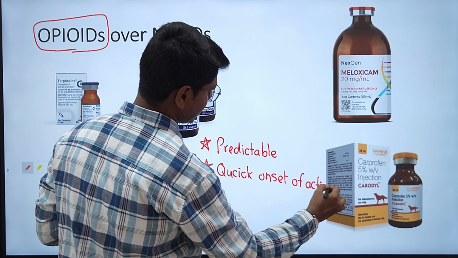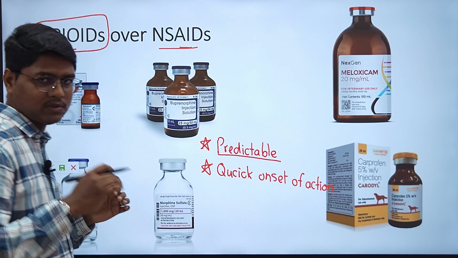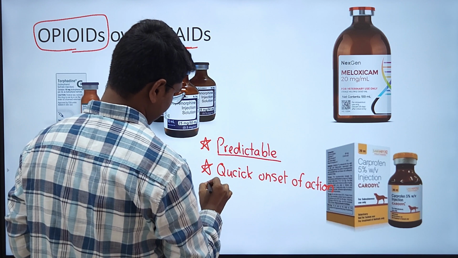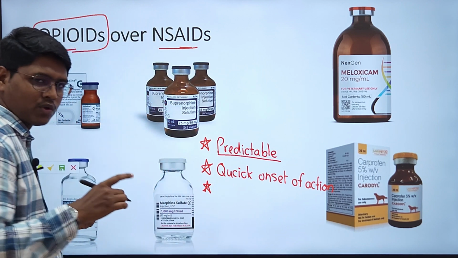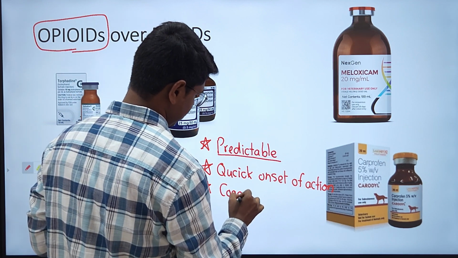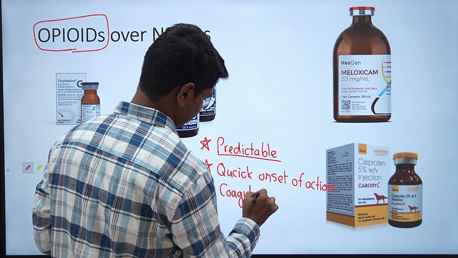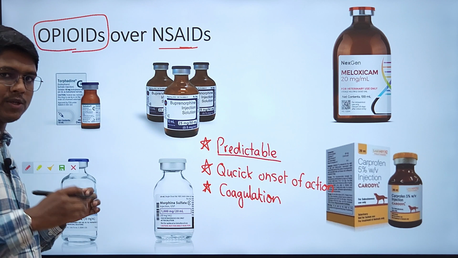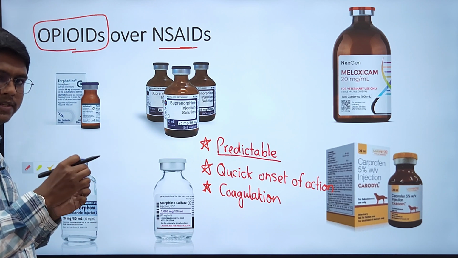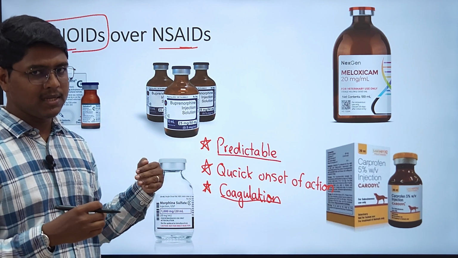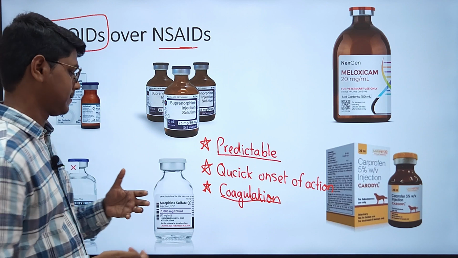The predictable nature is attributable to their being centrally acting. Next, opioids do not alter coagulation. When you are giving NSAIDs, there will be some defect in coagulation. If there is more bleeding, it may potentiate those effects.